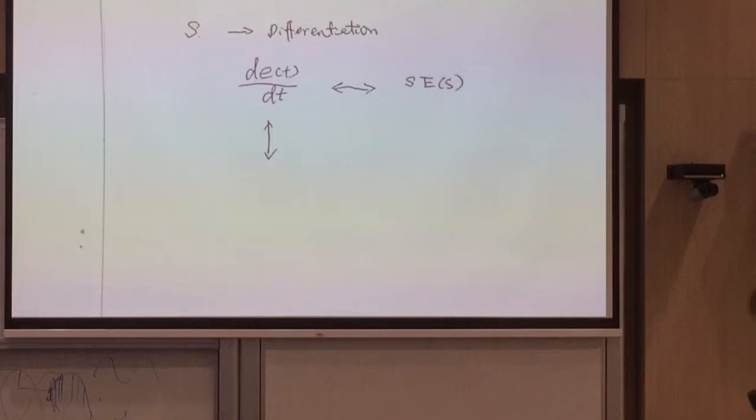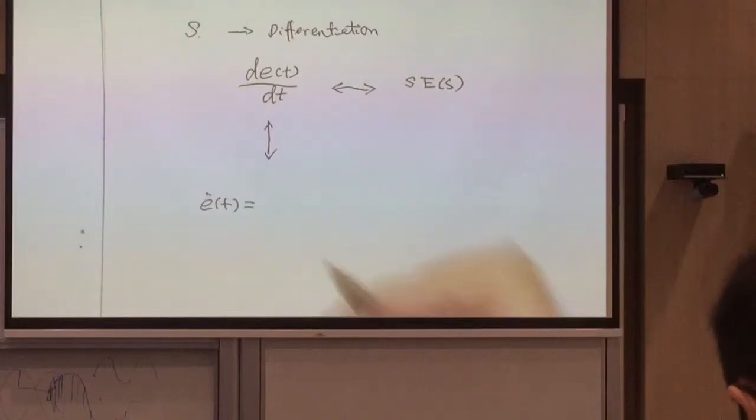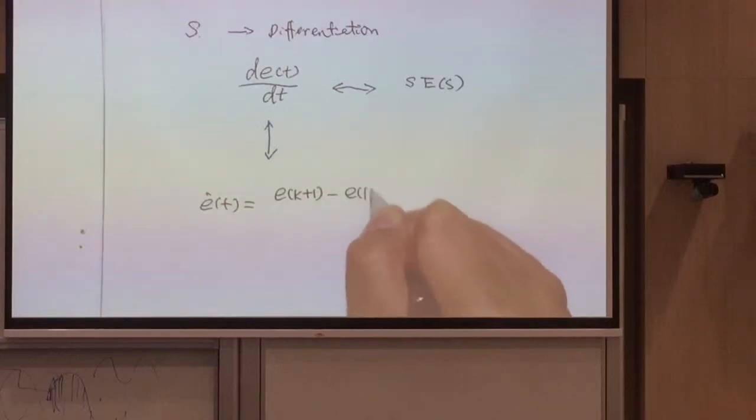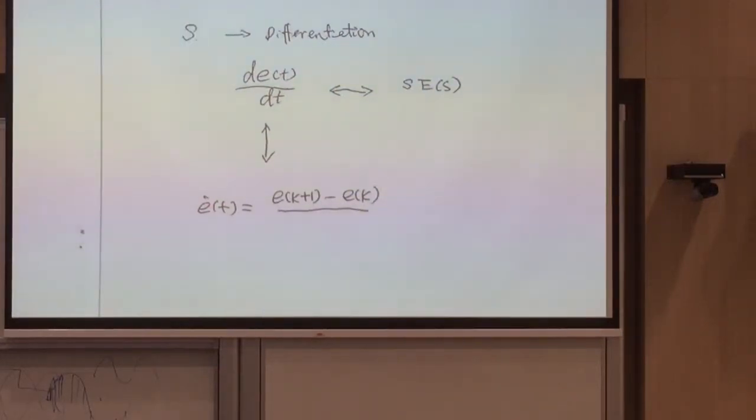And from the continuous domain to the digital domain, what we have done before is approximate differentiation with a difference equation, right? So if we are adopting Euler's forward, what can the differentiation be?